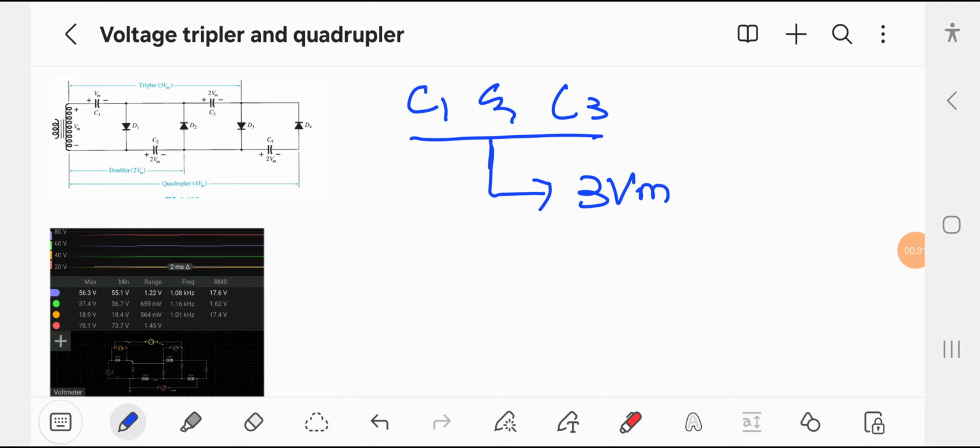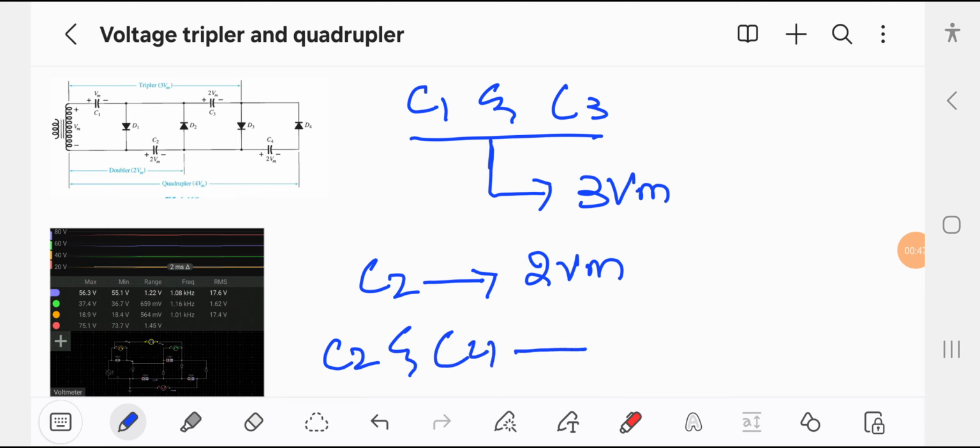If we consider capacitor C2, it will give us 2 times the input voltage. If we consider capacitor C2 and C4, it will give us 4 times the input voltage.